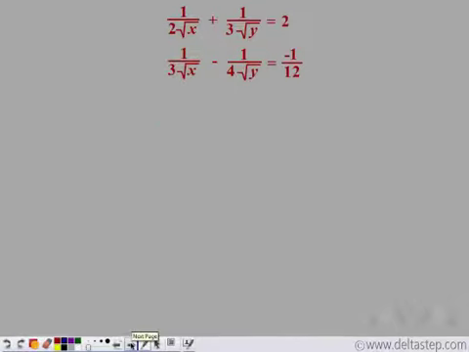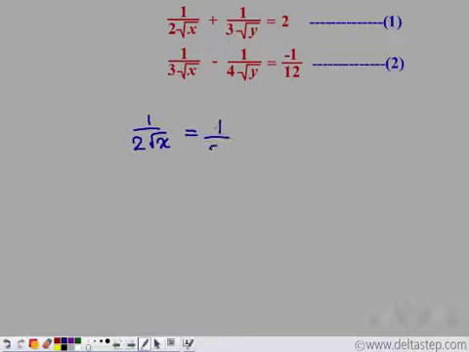These are two equations in two variables x and y. So let us call these equation 1 and equation 2. But observe that these are not linear equations because 1 by 2 root x is equal to 1 by 2 into x to the power negative 1 by 2.